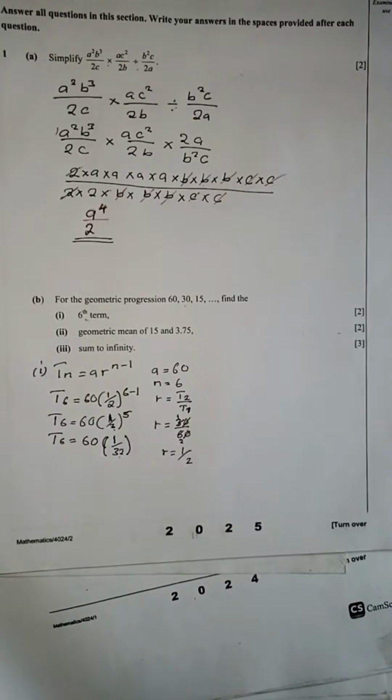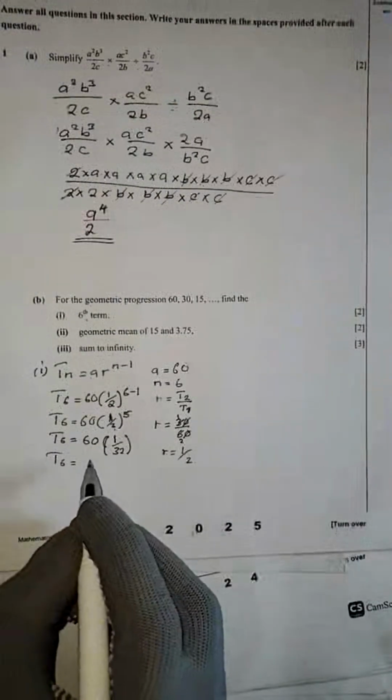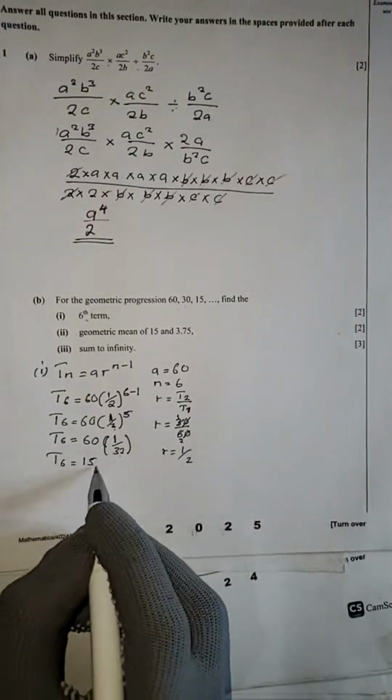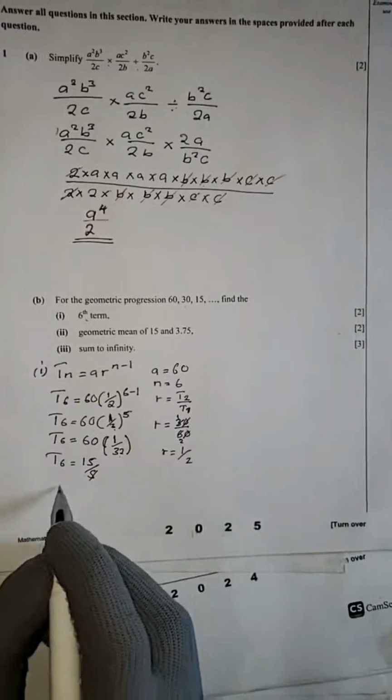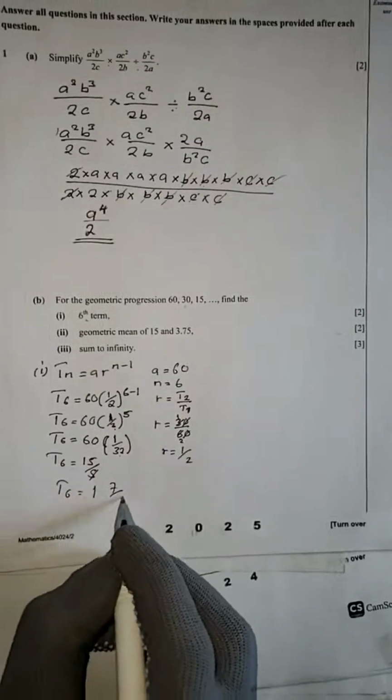So T6, this is giving me 15 over 8. As a mixed fraction, T6 will be 1 whole number, 7 over 8.